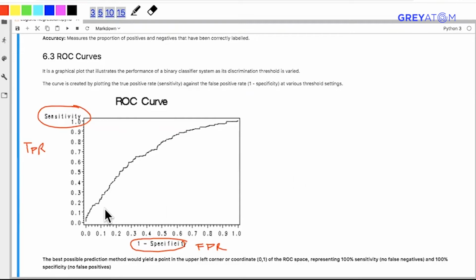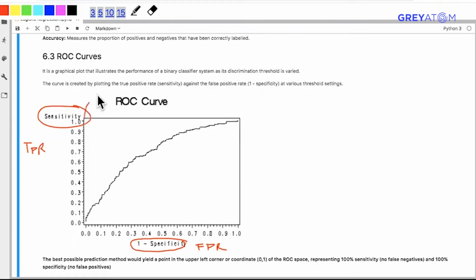So this is a very random model that's here. I'm not talking about that. Ideally, what do we want, guys? We want our false negatives to reduce and our false positives to reduce, right? So ideally, we want our sensitivity to be really like 1, and our false positive rate to be 0.